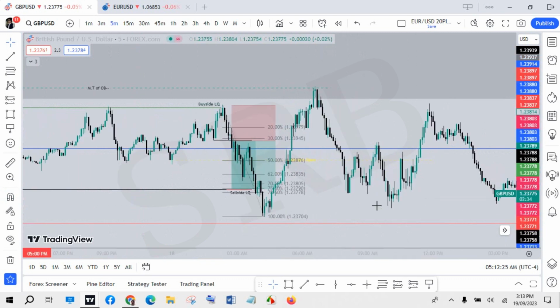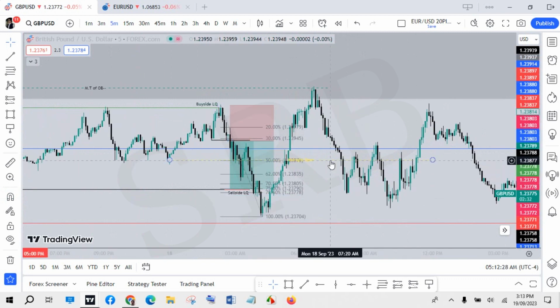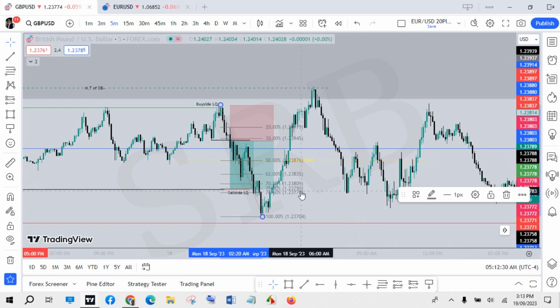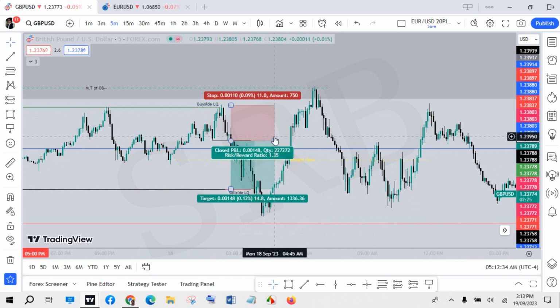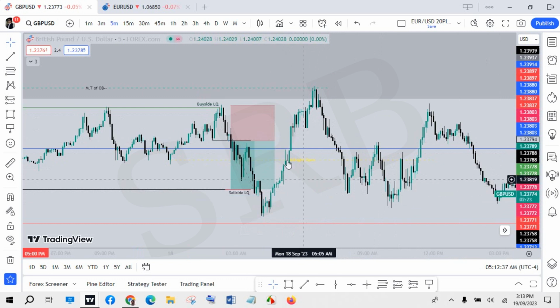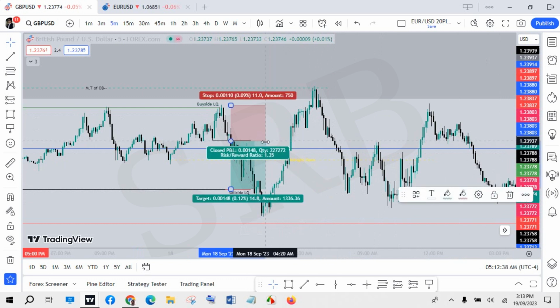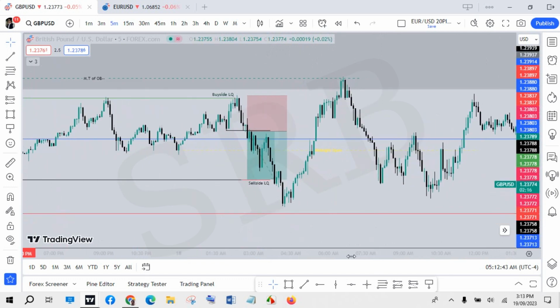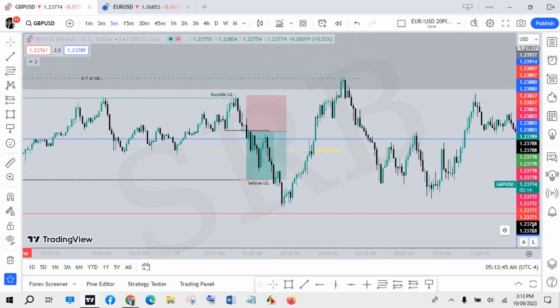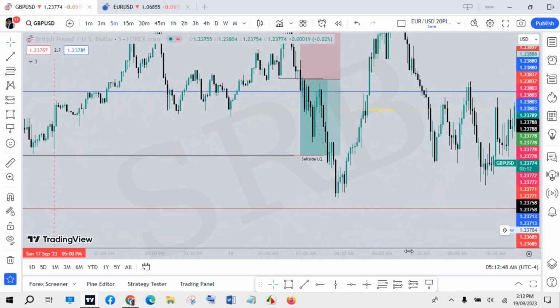This is the 50%. The 50% is aligned with that midnight opening price, so we can use that as our equilibrium price point. So we are again going to go down into the lower time frames to see if we can get something.